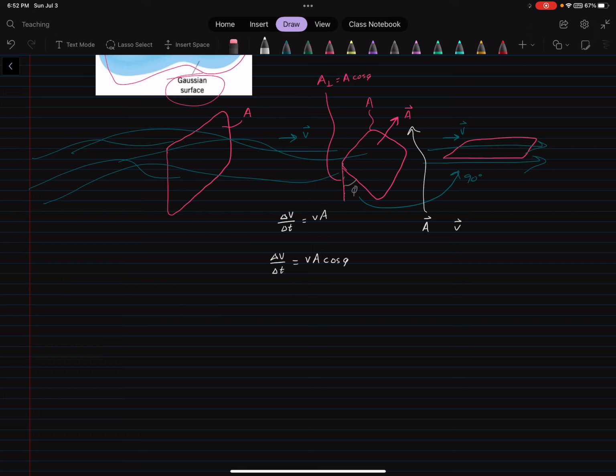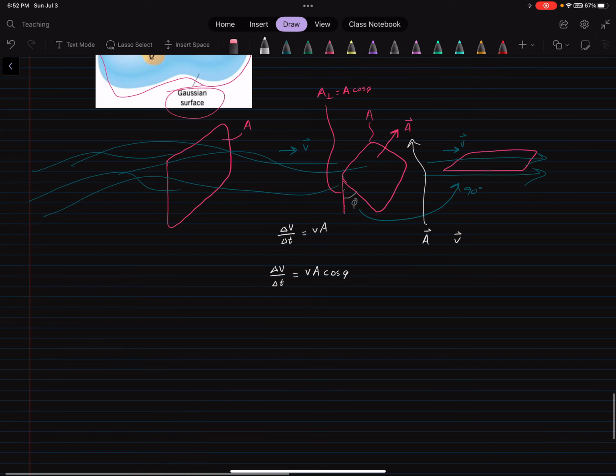And if they are totally pointing in the same direction, then you have this situation over here on the left, and you have the maximum amount of flow, V times A. If they're pointing orthogonally, then you have this situation over here. If A is 90 degrees from V, then there is 0 flux through that ring.